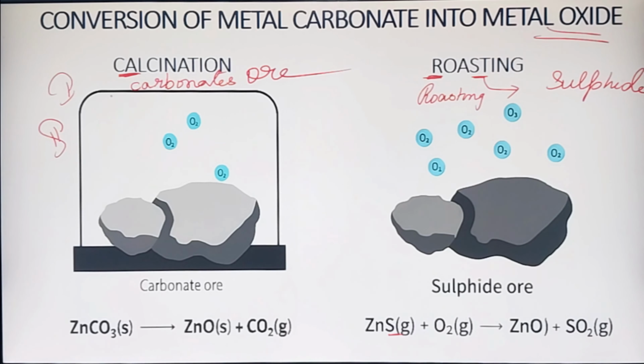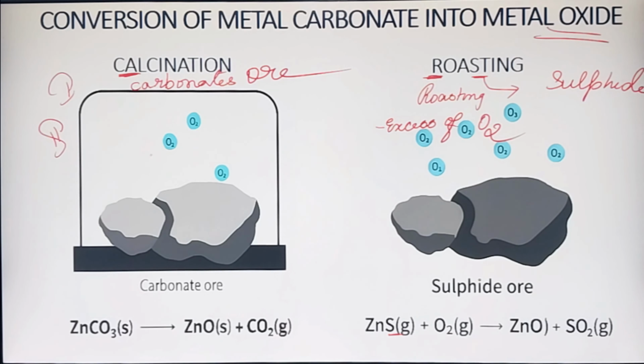Second point of difference is there in the diagram itself. When you have a look at the diagram of roasting, what do you see? The substance is heated, the ore is heated. There are very much large number of oxygen atoms. So I'll be using the word excess of oxygen. What is roasting? I am heating the ore in excess of oxygen.